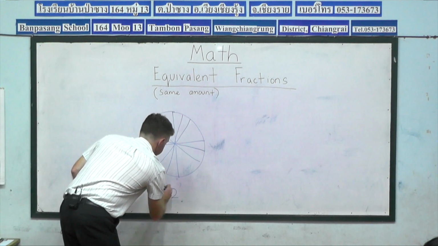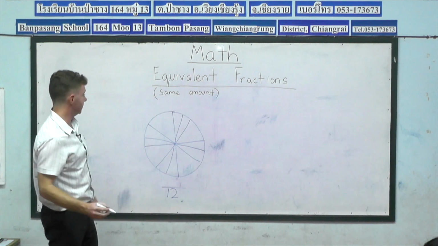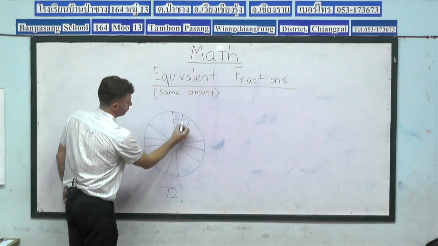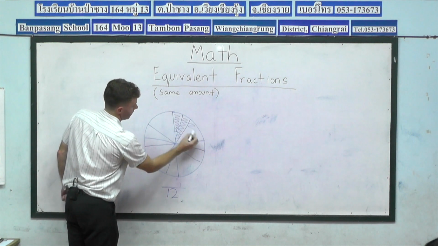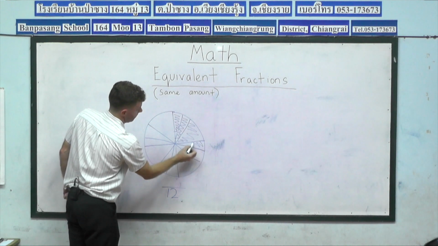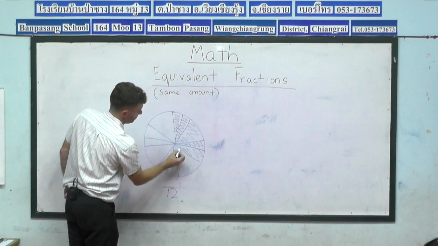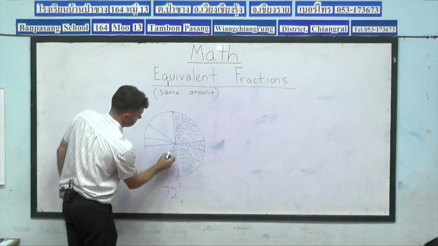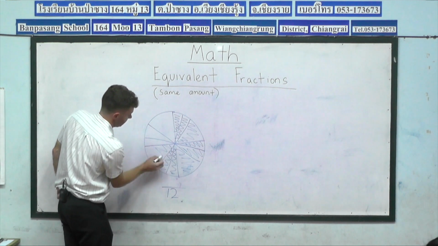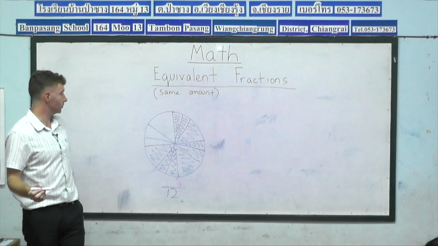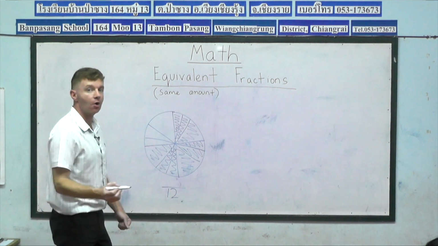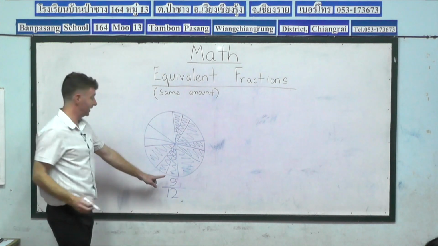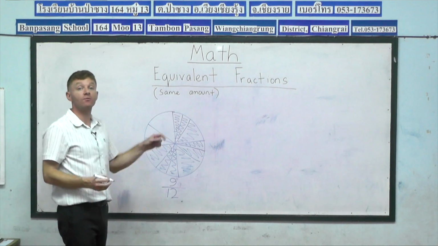That's the denominator of our fraction. Now we will have 1, 2, 3, 4, 5, 6, 7, 8, 9. Okay, so we've got 9 parts coloured. That means our fraction here is 9 over 12.